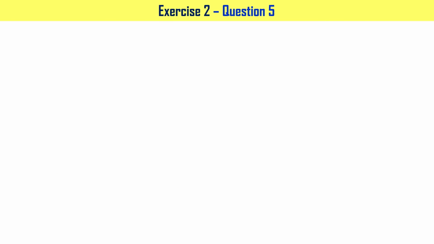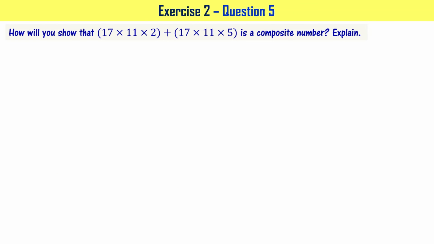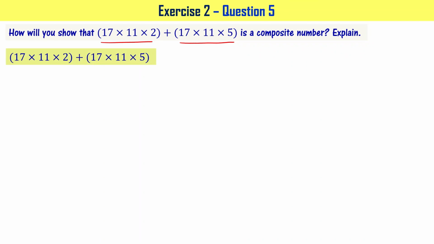Question number 5. How will you show that 17 times 11 times 2 plus 17 times 11 times 5 is a composite number? Explain. Let's consider the given number. Observe this. You have 17 times 11 common across these two numbers given, right? Here we have 2 extra as the factor and 5 extra as the factor for this particular number, right?